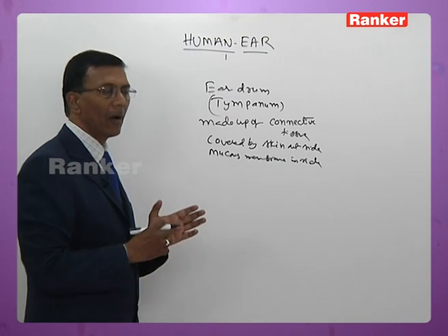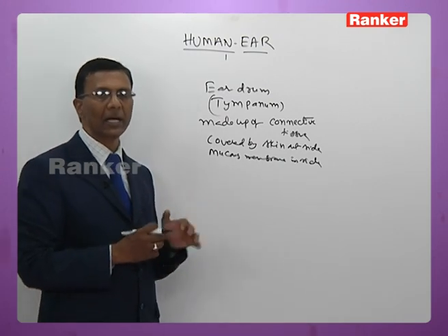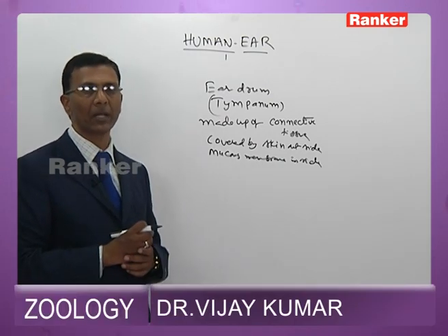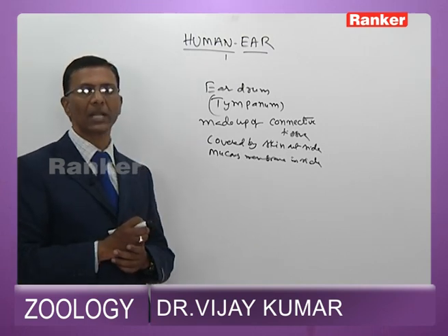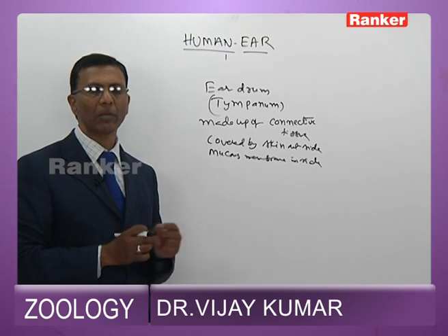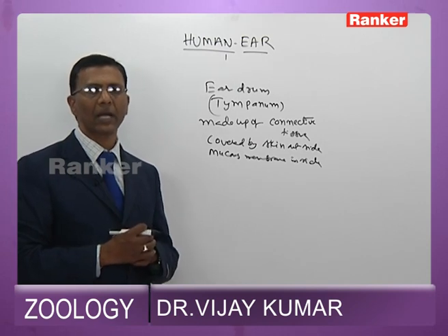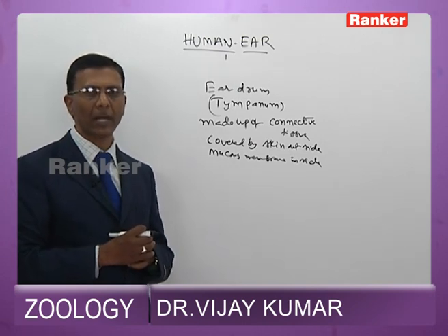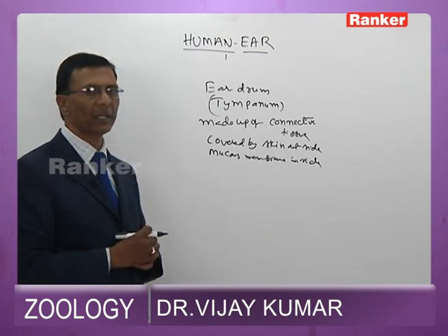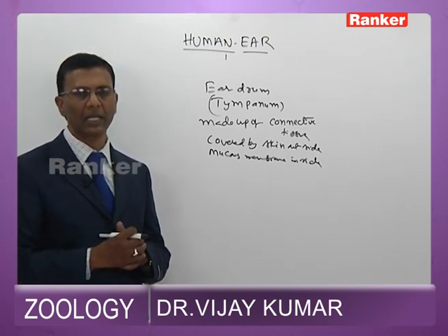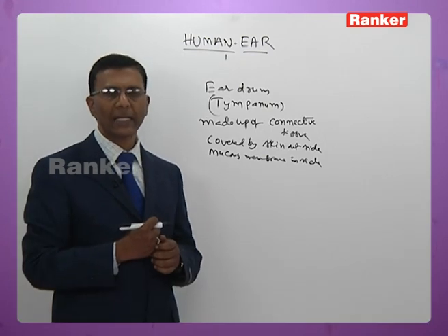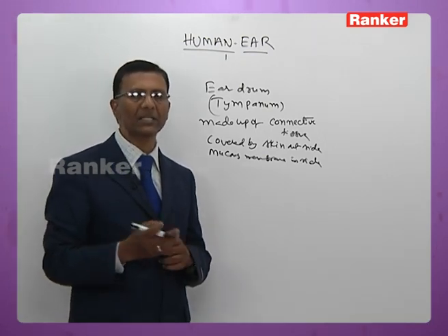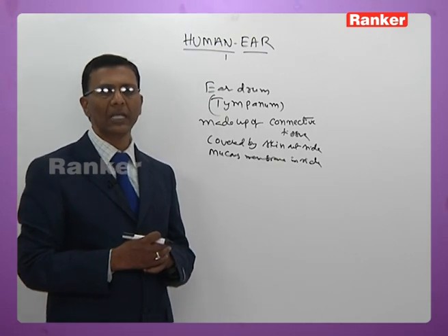Now the eardrum or tympanum is the derivative of endoderm. This is an important EAMCET point, remember children. It receives sound vibrations from the external ear through the external auditory meatus and conveys them to the internal ear through the ear ossicles.